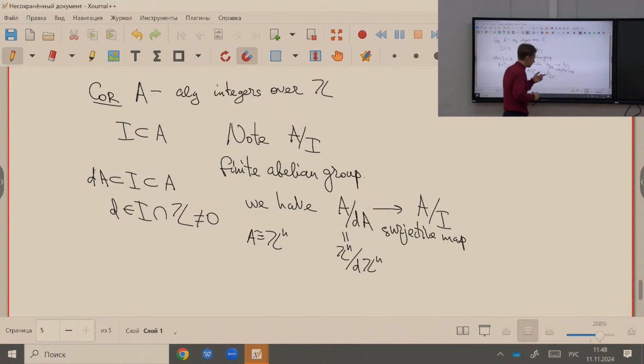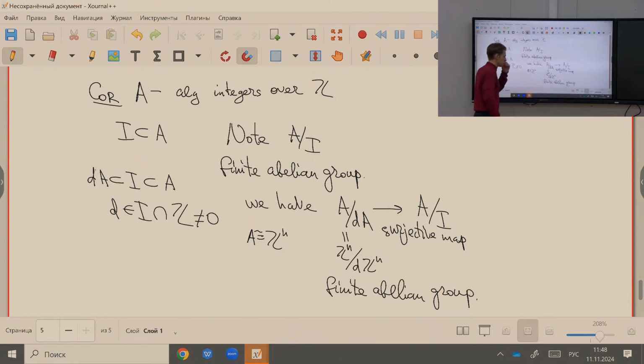And so you have a surjective map from the abelian group to this one, and this is a finite abelian group. So more generally, this is a torsion module, also a torsion module for Z.